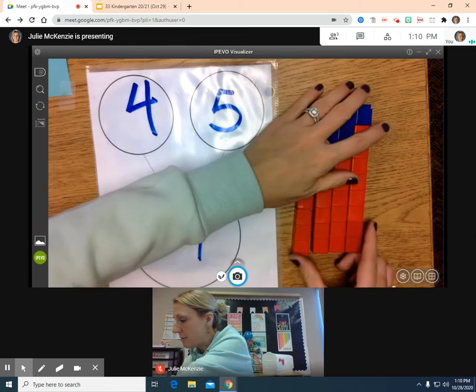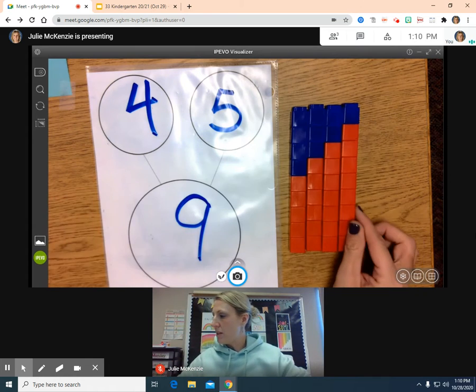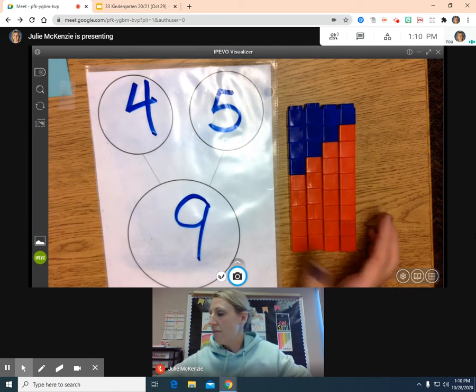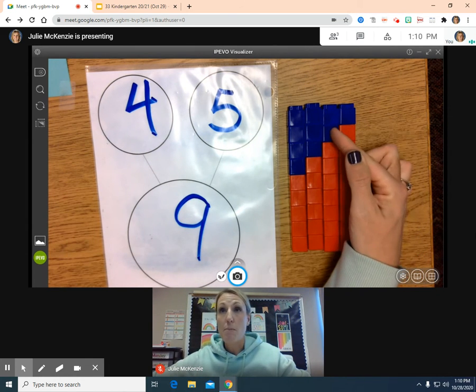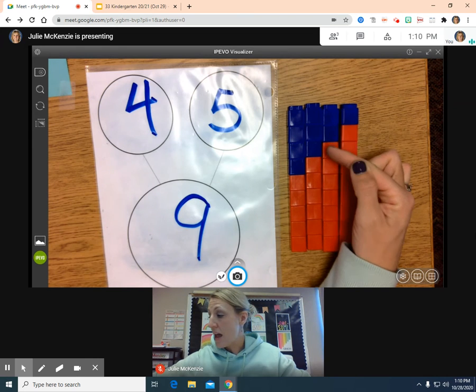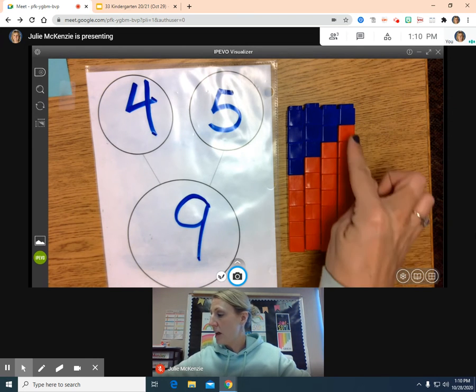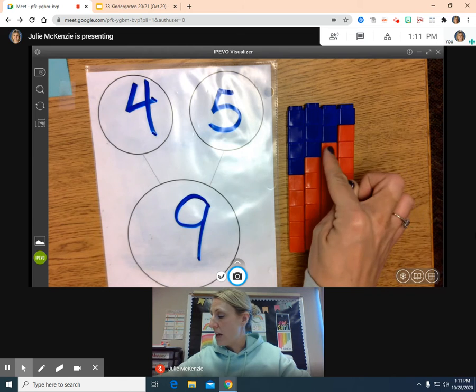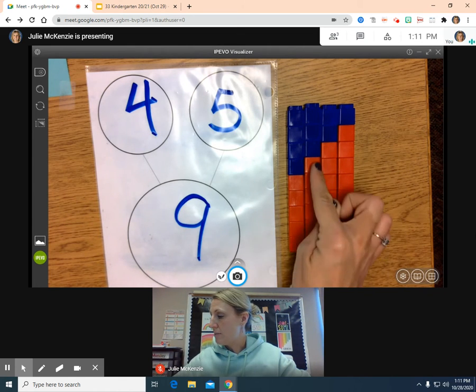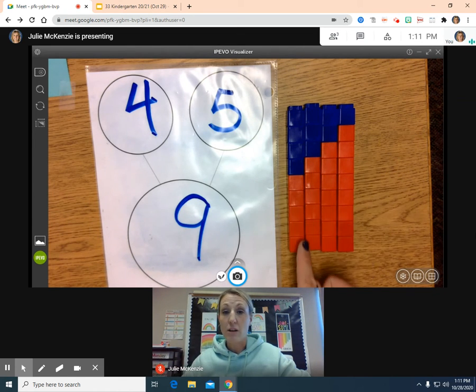If you notice something about these different block towers, every time I have more blues, I have fewer reds. Look at how many reds are here, but now I have a smaller number of reds, and a smaller number of reds.